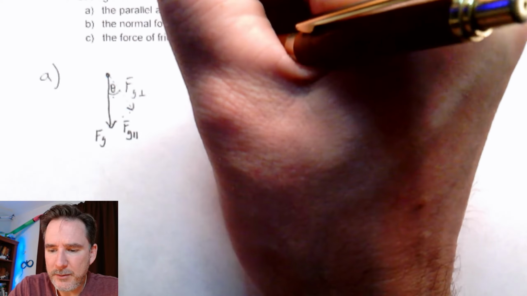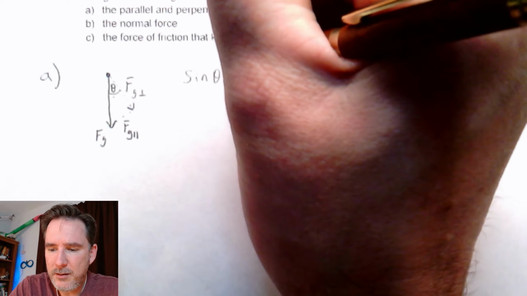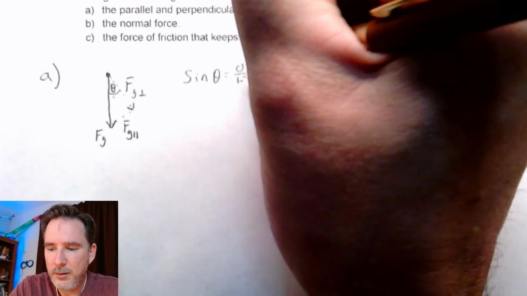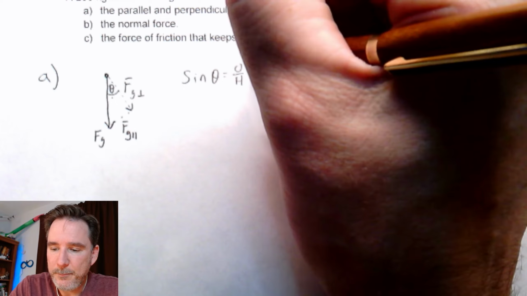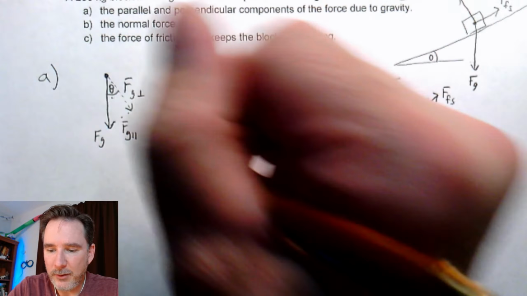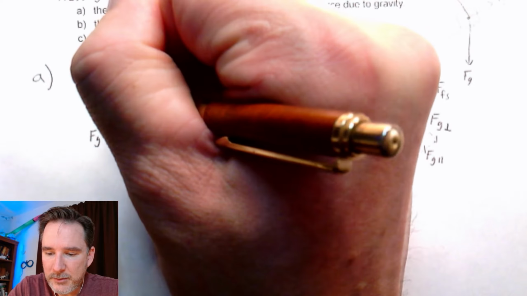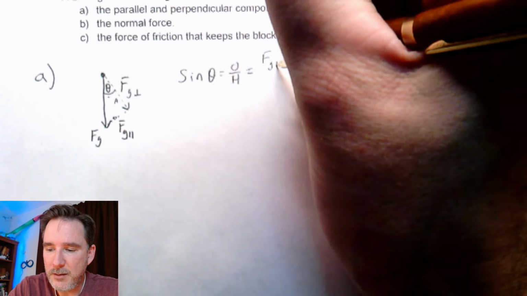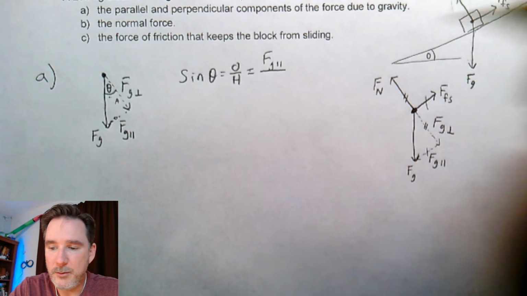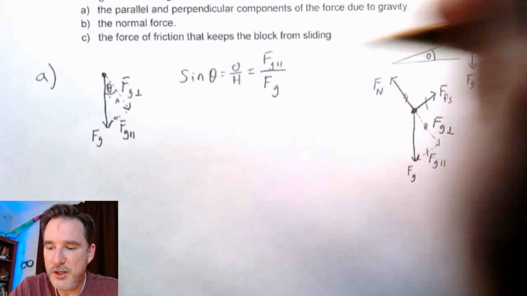We just need to remember that sine of theta is opposite over hypotenuse. That means the opposite side for us is going to be our Fg parallel, and our hypotenuse is going to be Fg.